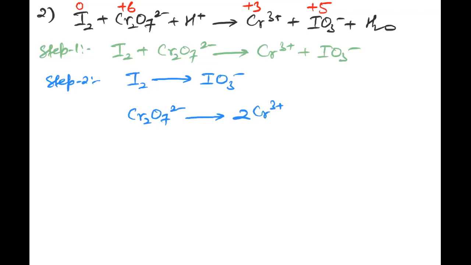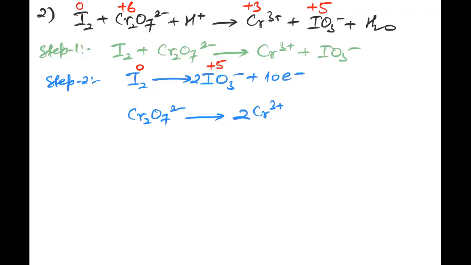In the given step, you have to balance their oxidation numbers. The oxidation number is 0 here, and it is going to be +5. So the overall charge of iodine on the left hand side is 0, and on the product side it is +10. So you have to add 10 electrons here.